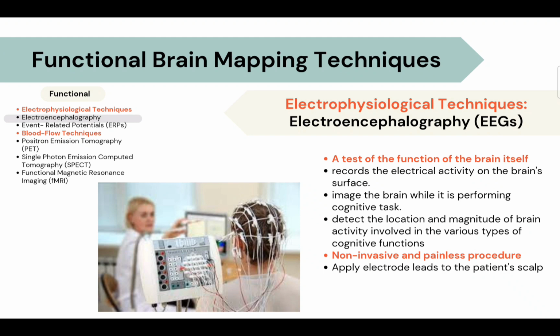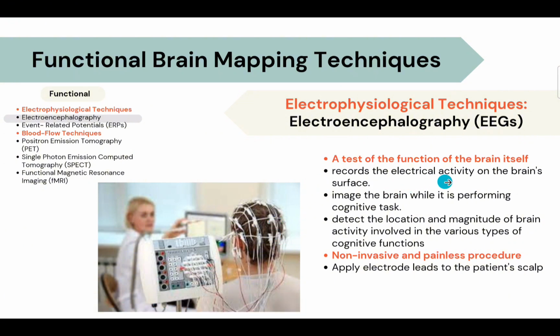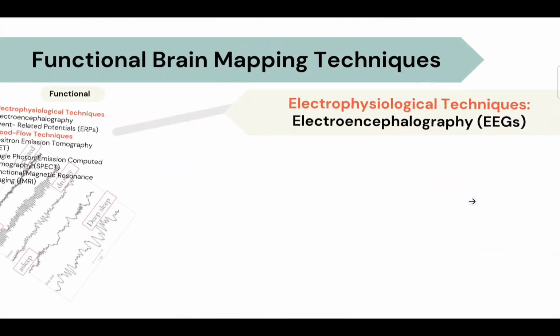While physiological, we can remember how this technique is done. Physio means the body, the anatomy, the part of our body. So with this technique, electrodes will be placed on the head, on the scalp, to test the electrical activity on the brain surface. Okay, but for the EEGs, we do not.